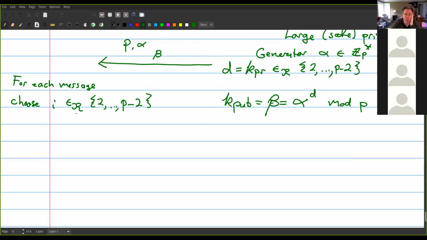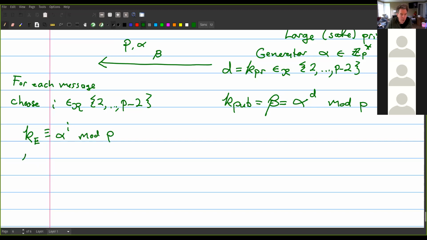So she just picks some element of the group, but it's not plus or minus 1. And then she computes KE. E here is for ephemeral, so this is a secret that's used exactly one time. This is alpha to the I, which is just her Diffie-Hellman public key, mod P.